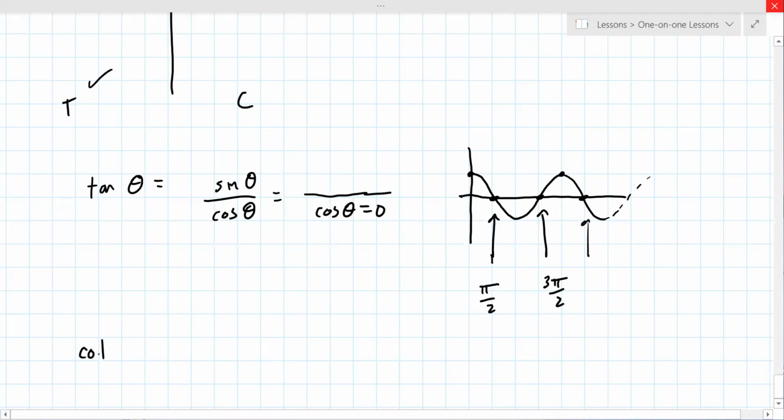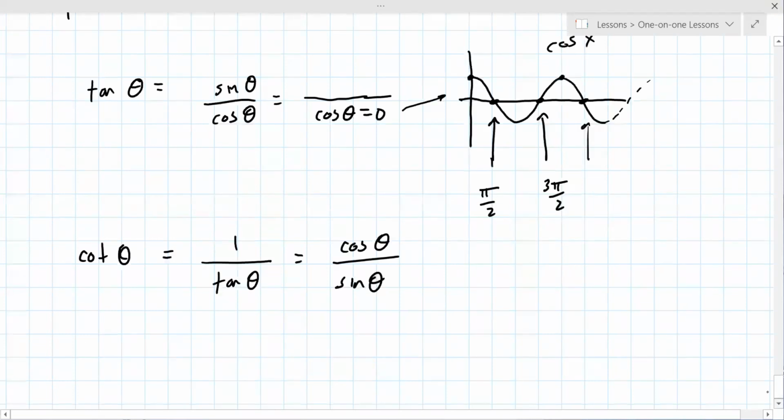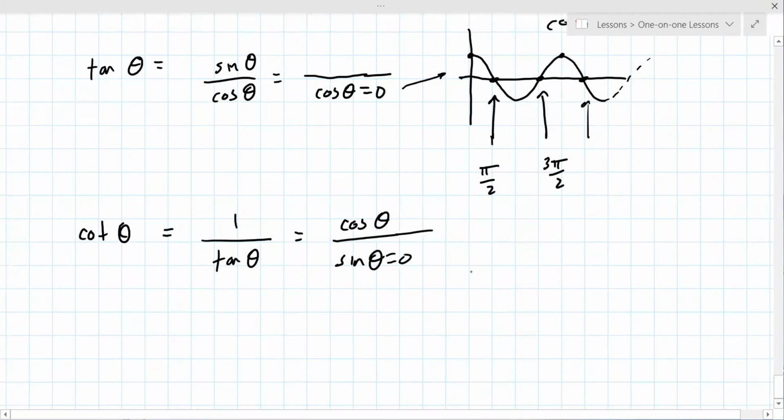How about cotangent? Cotangent is 1 over tangent. That's not super useful. It's also the reciprocal of this, so it's cosine theta over sine theta. That first graph is the graph of cosine up here. Now we have to figure out where sine theta equals 0, so we look at a graph of sine.